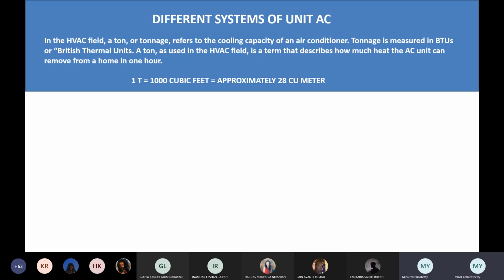So the same thing will happen in a residential building. Every residence will get a supply of chilled water from the basement. Sorry, guys.